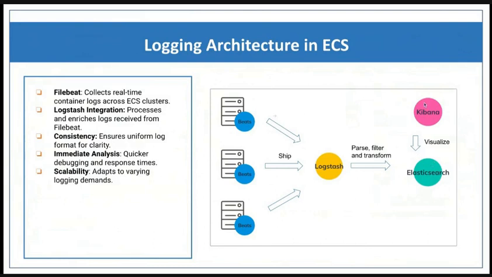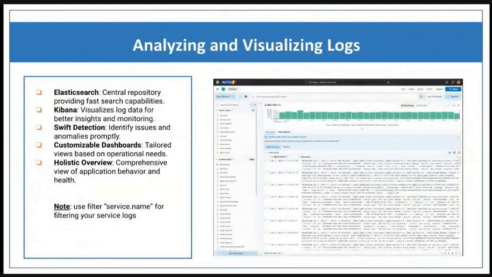Then you can use Kibana to query your service logs, so that you don't have to attach into your containers and look into those logs. If you want to look into these logs, just do service.name colon followed by your service name, and you will see all of the logs from all of your containers in one place. You can filter them, you can build graphs on them, and yeah.